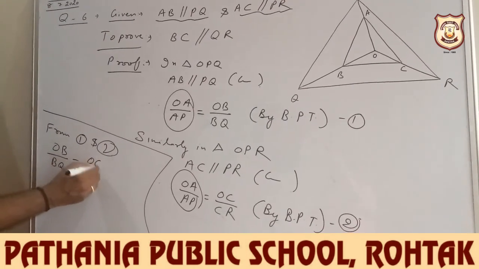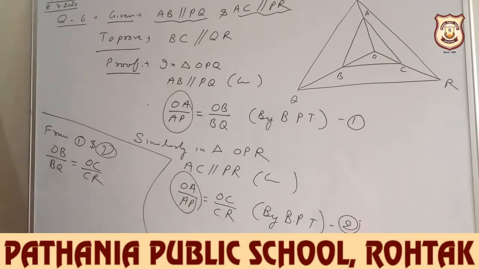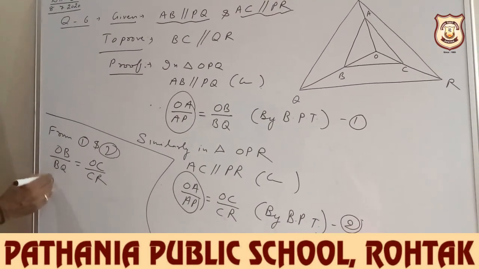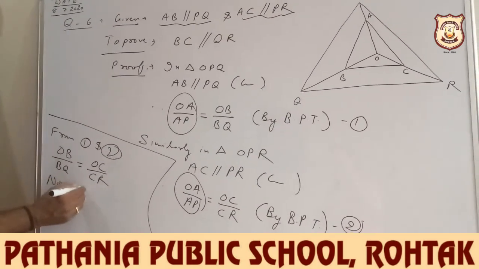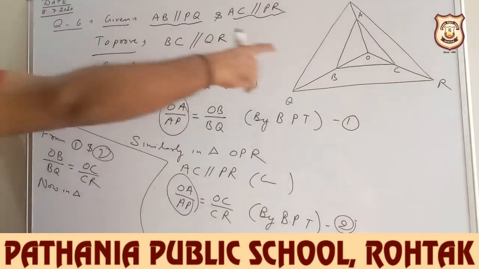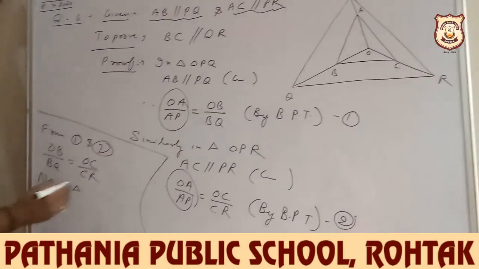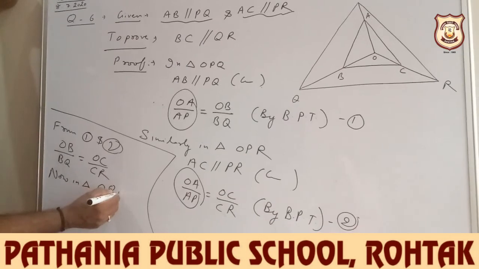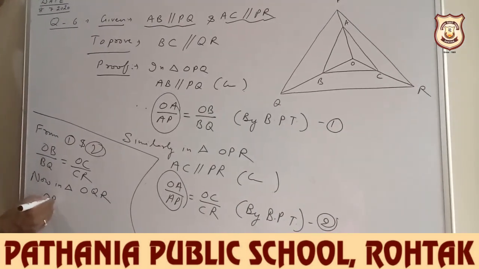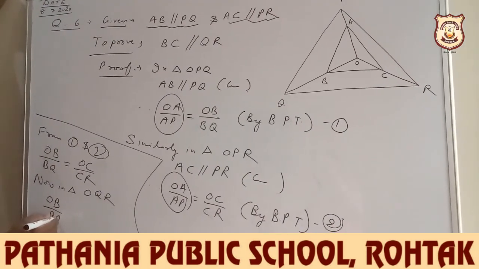From first and second, see student, LHS is same, so RHS also becomes equal. OB upon BQ equal to OC upon CR.